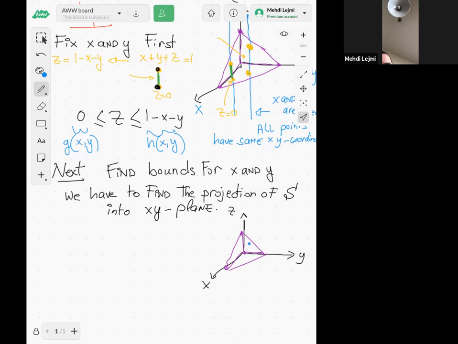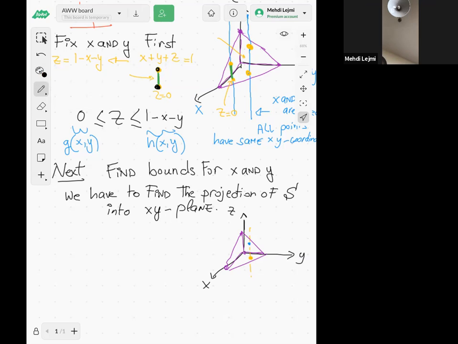That would be this line here, and this will be the projection. You are supposed to do the same for all the points in the solid S, and the set of all the projections will be your projection of S into the XY plane, where z is equal to 0.